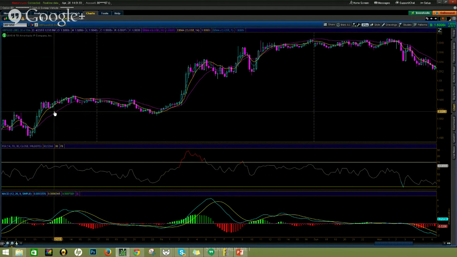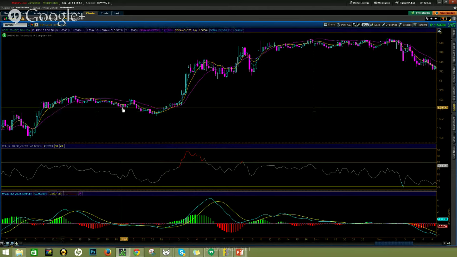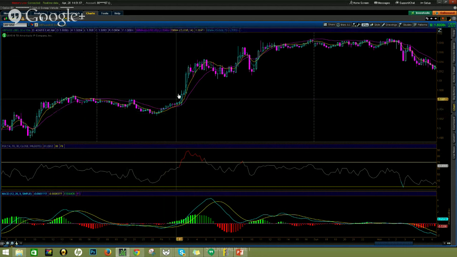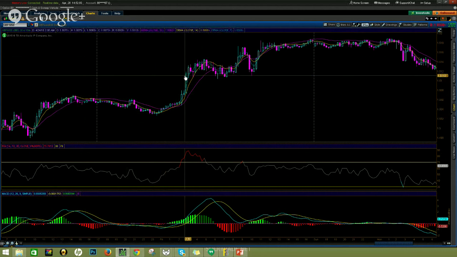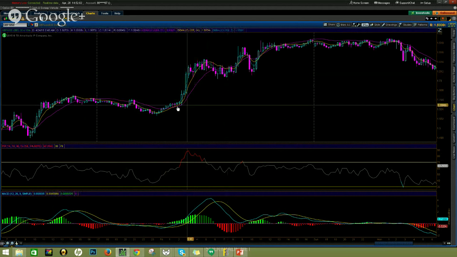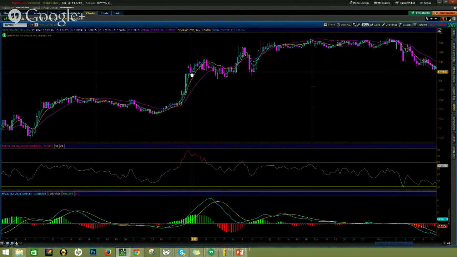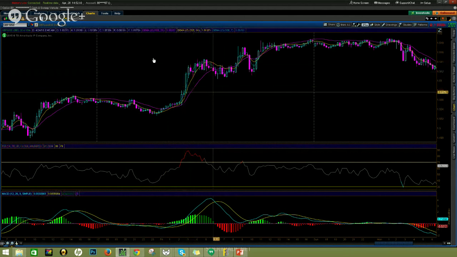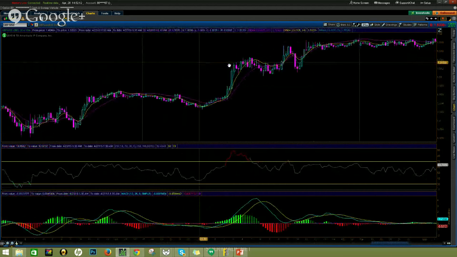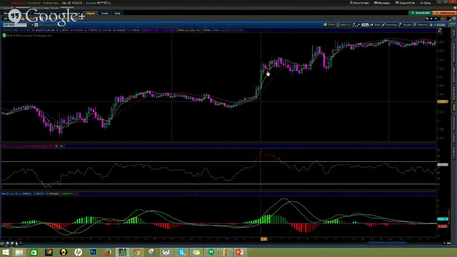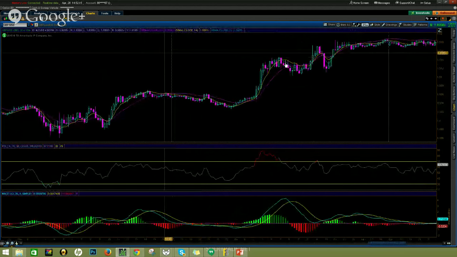I can't remember if I entered here or a little bit later on. But either way, it had hit my take profit at that point, and I wasn't going to sell against it because we had all three moving averages crossed to the upside at this point. So I would not have taken that on the Forex side at least. I would have taken the sell on the Nadex side.